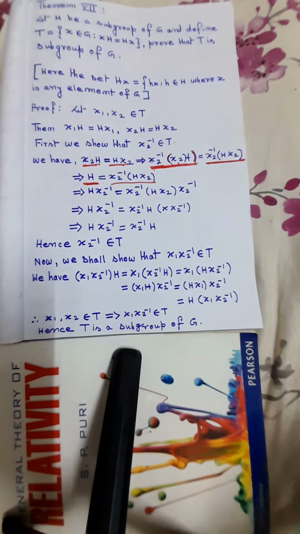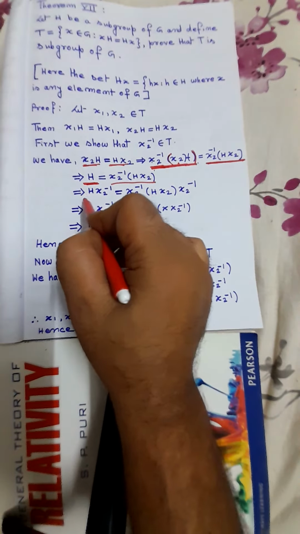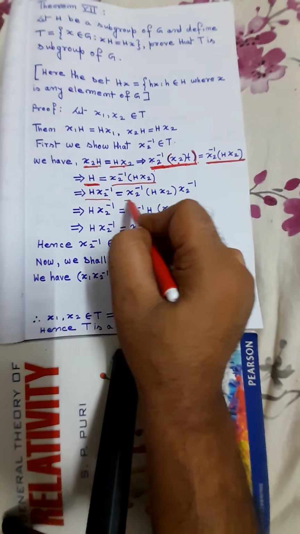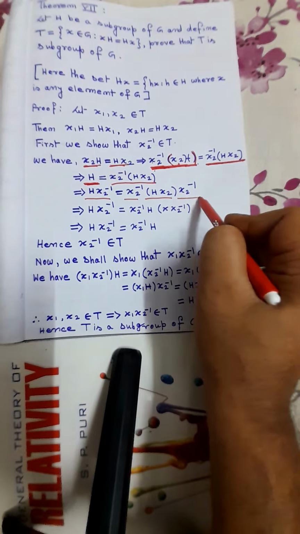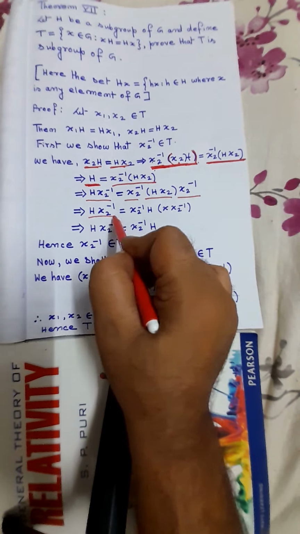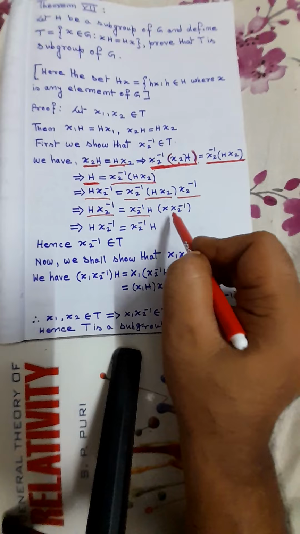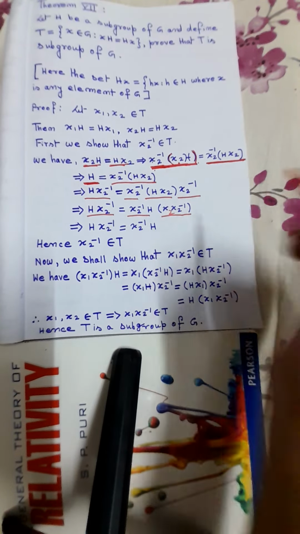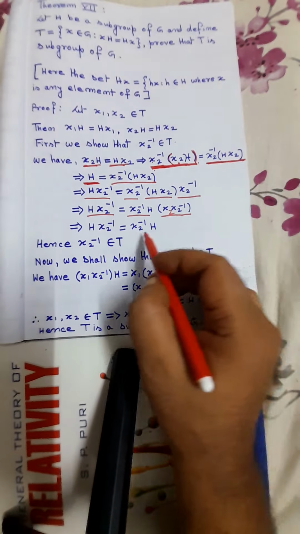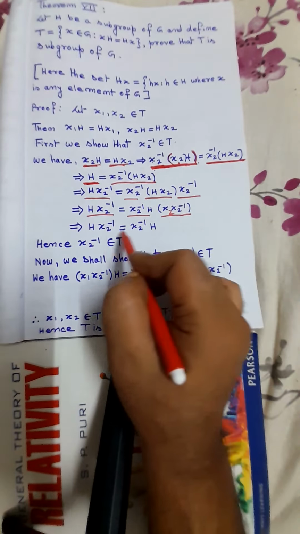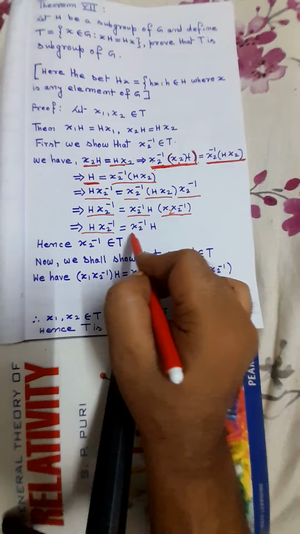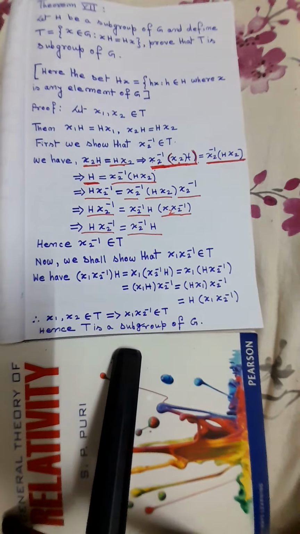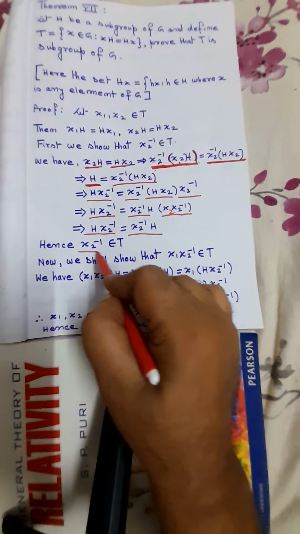And now again taking x2 inverse at the right side, we get h x2 inverse equals x2 inverse h x2 x2 inverse, where x2 x2 inverse will give us e. So h x2 inverse equals x2 inverse h, hence x2 inverse belongs to T.